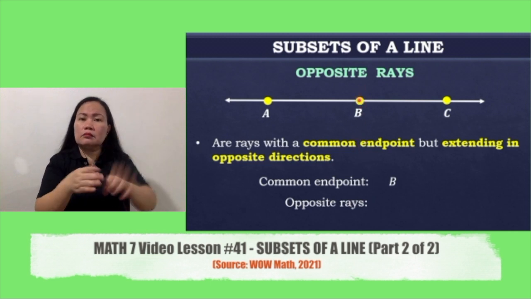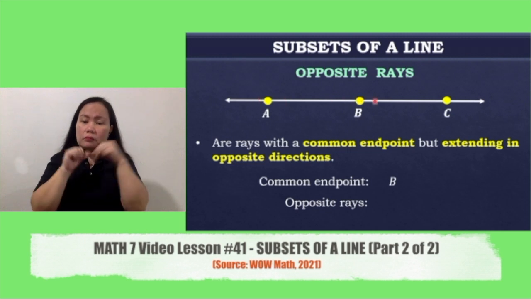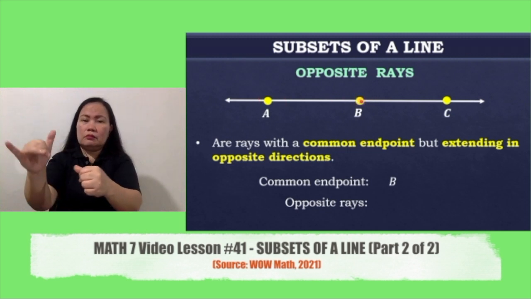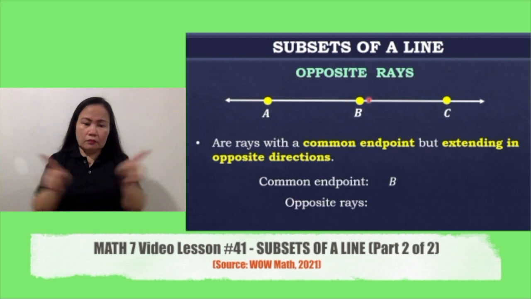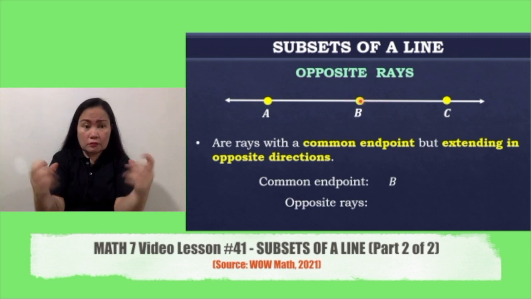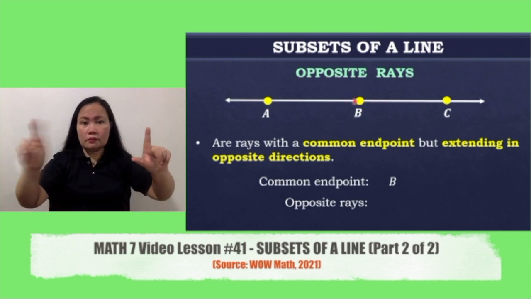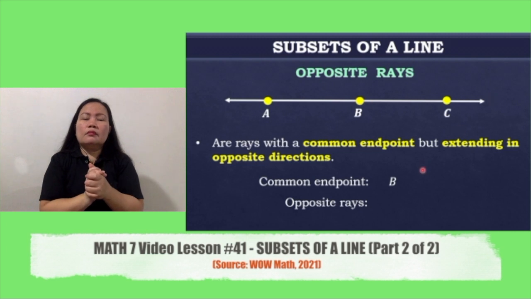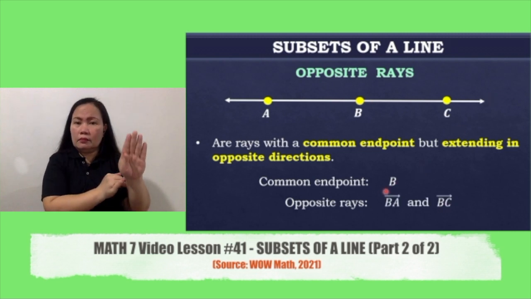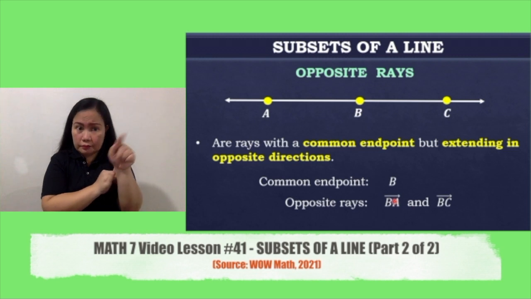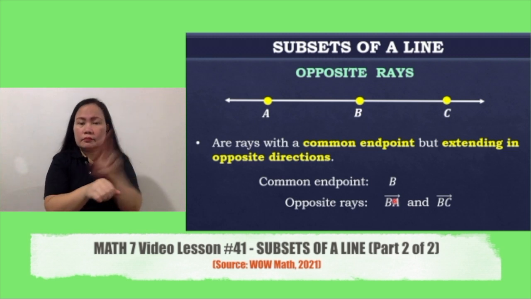Okay? So, kung ang common endpoint ay B, therefore, ang opposite rays natin, ibig sabihin, sabi it starts with a common endpoint and then infinite direction. Dun sa extending direction mo, opposite. So, opposite, kung ito ang common endpoint, opposite. So, left and right. So, ang opposite rays mo ay ray BA. So, kapag opposite rays, ang ginagamit rin po natin dyan na symbol ay sa ray.